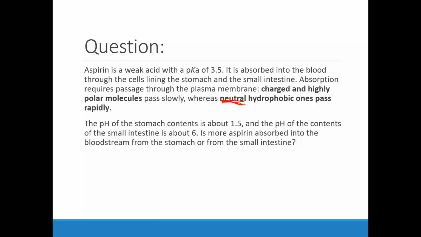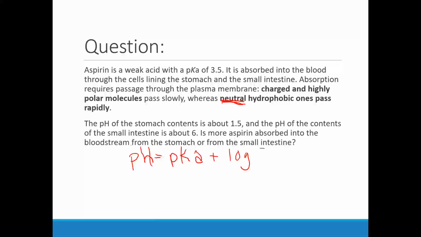Remember again that the Henderson-Hasselbalch equation says that pH equals pKa plus the log of A minus over HA.